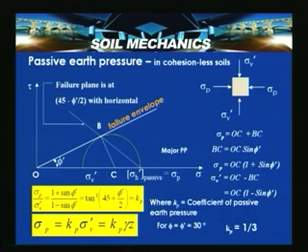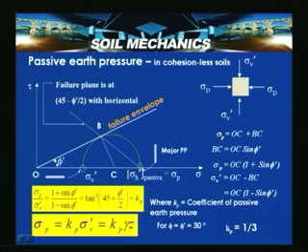Now, from similar conditions, sigma p is equal to OC plus BC, where BC is equal to OC sin phi dash. With that, sigma p is equal to OC into 1 plus sin phi dash, and sigma v dash is equal to OC minus BC, which is OC into 1 minus sin phi dash.